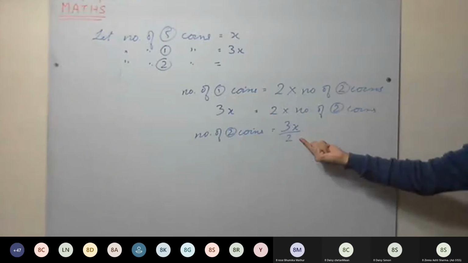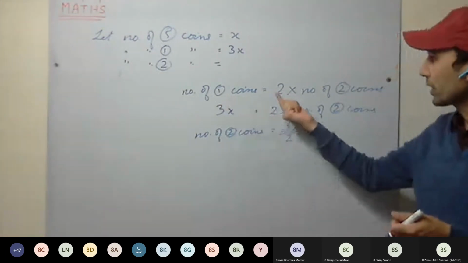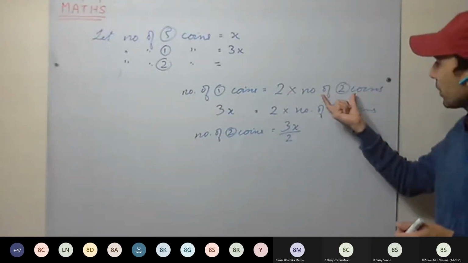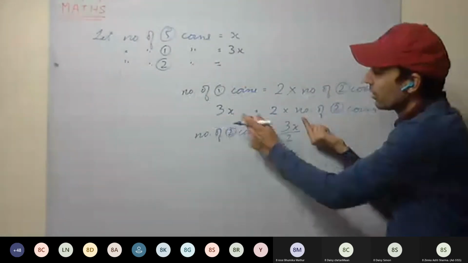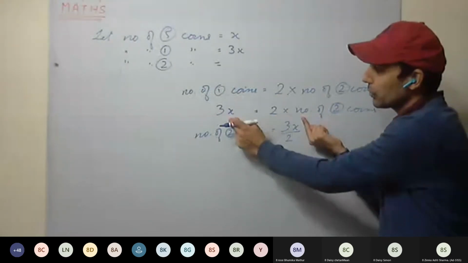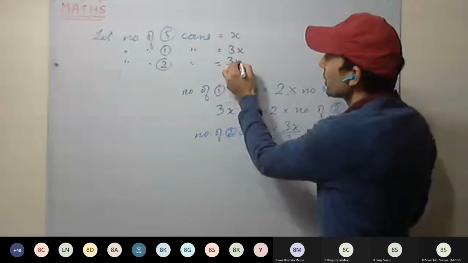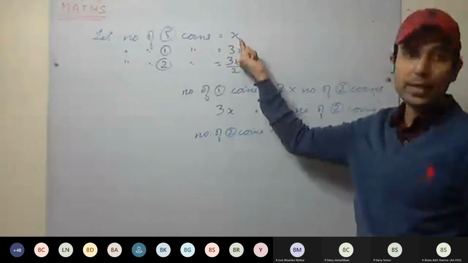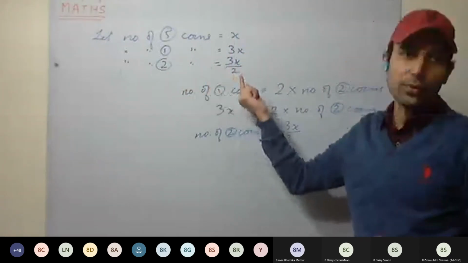The relation was given: number of 1 rupee coins equals twice the number of 2 rupee coins. Number of 1 rupee coins is 3x, so we take the 2 from the right-hand side to the left-hand side. So we got 3x upon 2. So we have the 5 rupee coins, 1 rupee coins, and 2 rupee coins in terms of x.